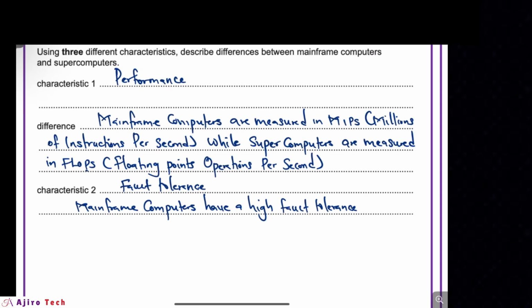Now, this simply means that if one processor is bad, it will automatically switch to the next one to ensure consistency and transaction processing. That is very good about the mainframe computer. So it has a very high fault tolerance and also allows hot swapping.